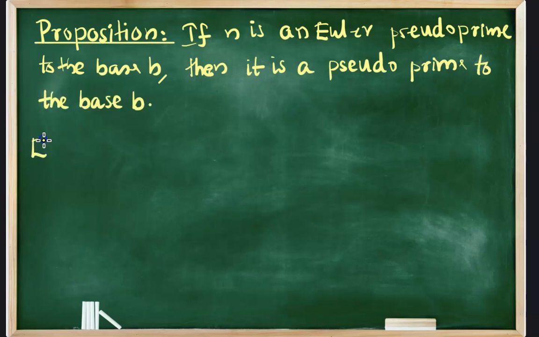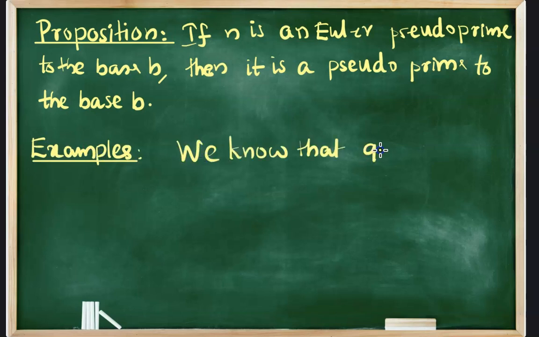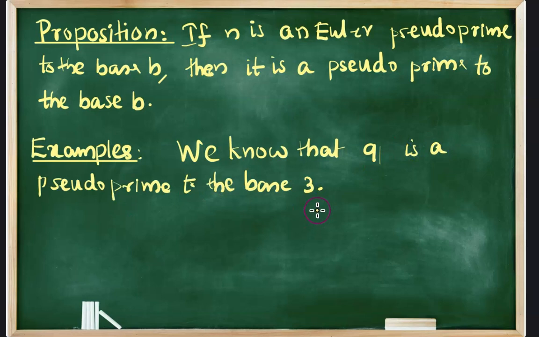Now let us consider some examples. We know that 91 is a pseudo prime to the base 3, as we have seen earlier. That is, 3 raised to 90 is congruent to 1 modulo 91.